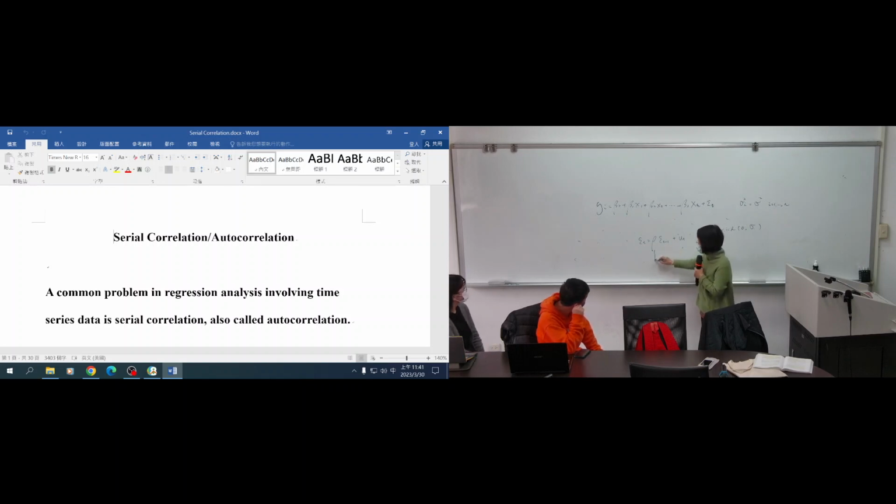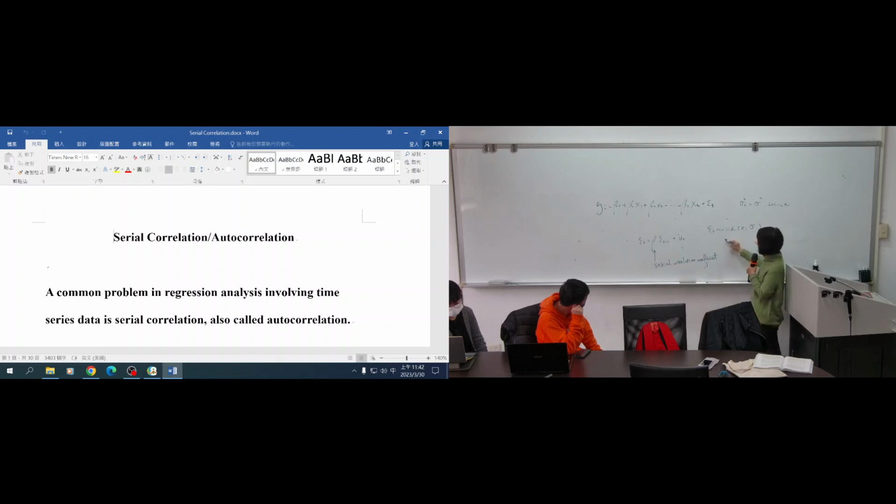And this rho is called the serial correlation coefficient. This is what we call first order, meaning it is related only to t minus 1. Is there any other order? Yes.